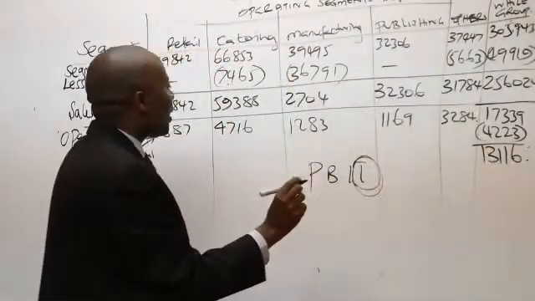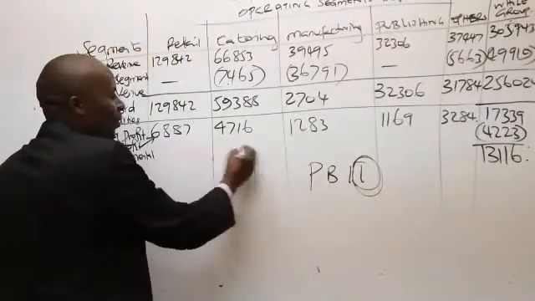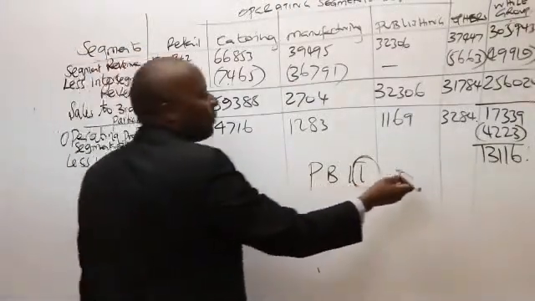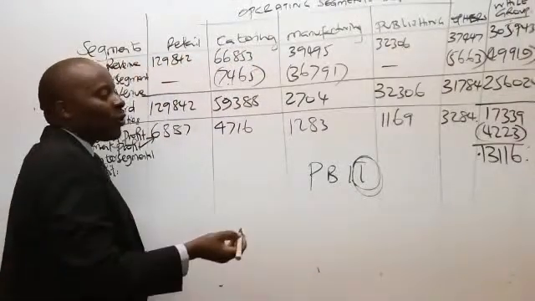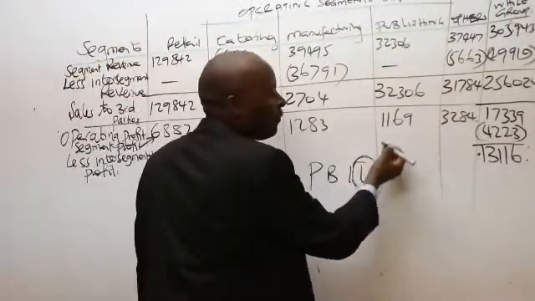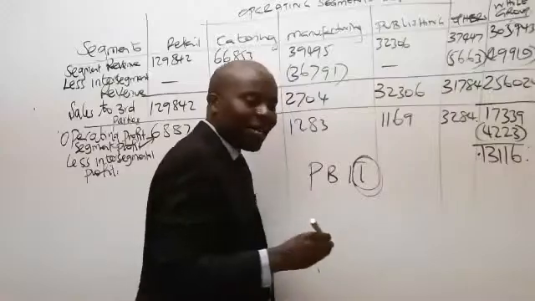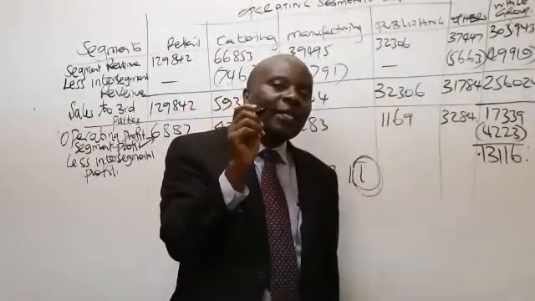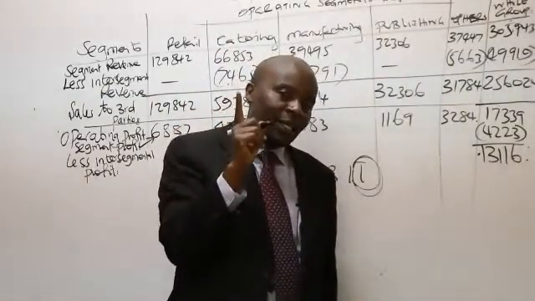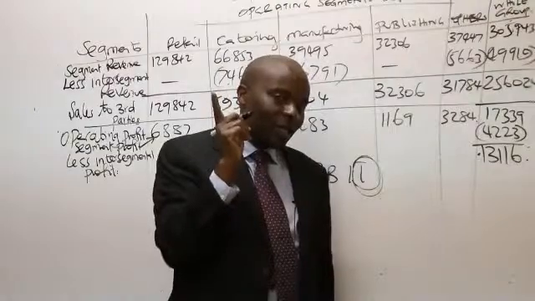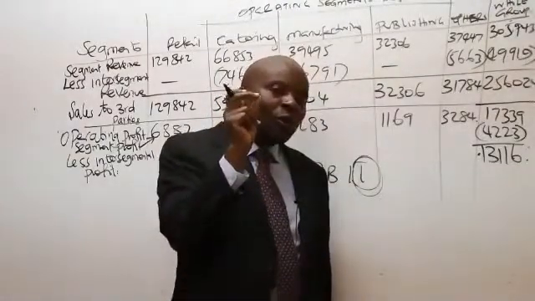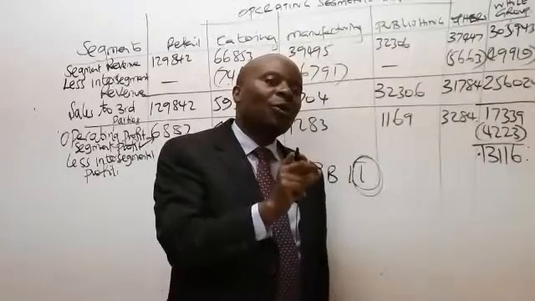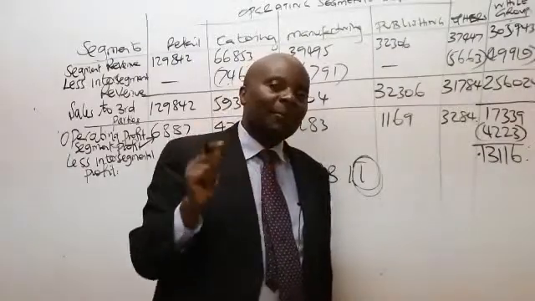So I need to look at interest, either interest income or interest expense, under the section of other items.